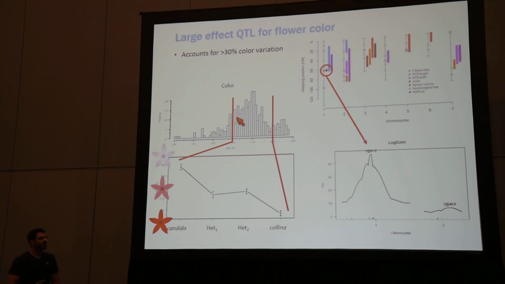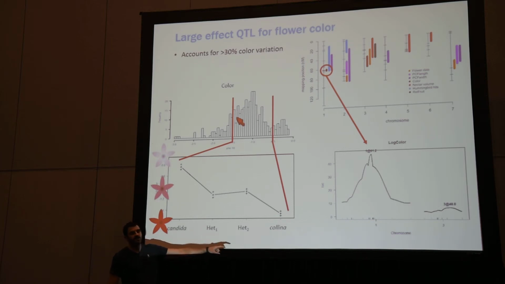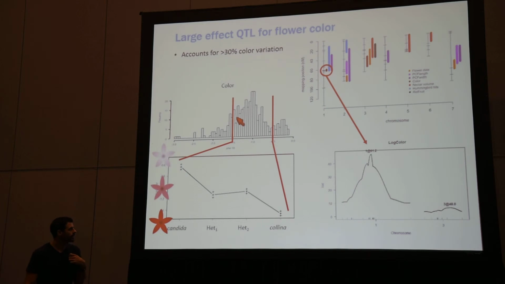The last QTL I want to talk about is this flower color QTL we discovered on linkage group 1 in our population. And the reason why this QTL is pretty interesting is it was the largest effect QTL of all 7 QTL that we found. It explains greater than 30% of flower color variation in our experimental population, so that's a pretty large amount.